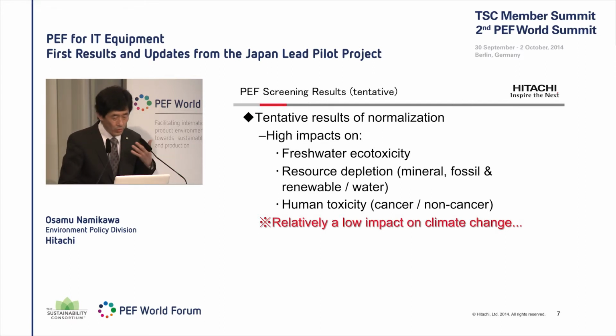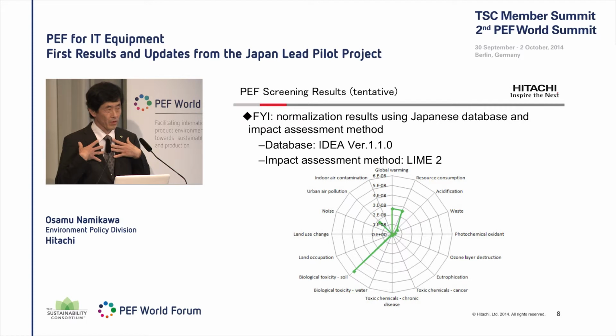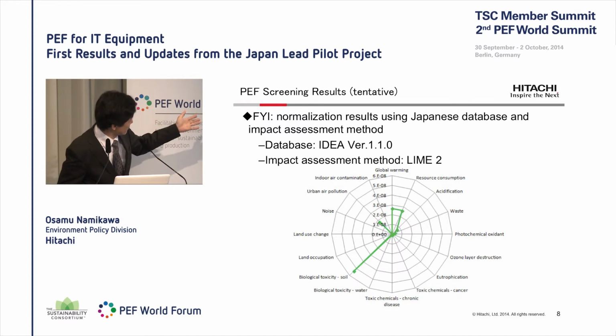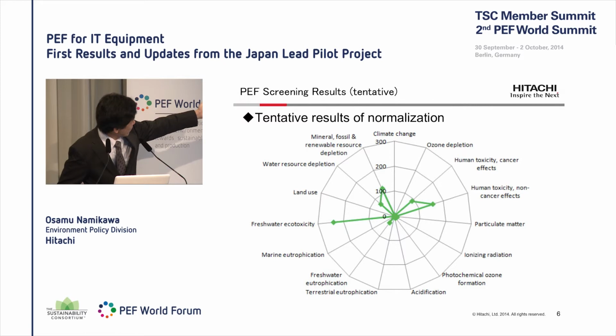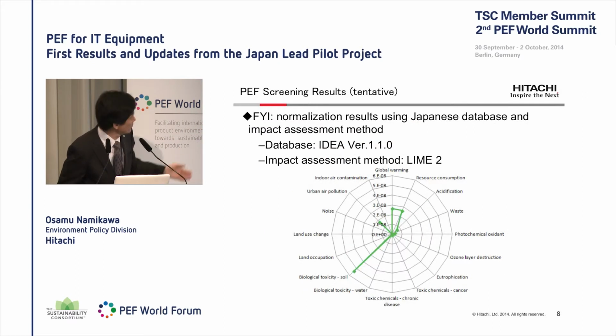So we try to evaluate using the Japanese evaluation method that we are very familiar with, called LIME, L-I-M-E-2, LIME2. And the database is the Japanese database, IDEA. This tool shows this spider chart, and, sorry, coming back to the slide, I want you to remember the numbers: 100, 200, 300. And then the line is very small. Impact is very small.